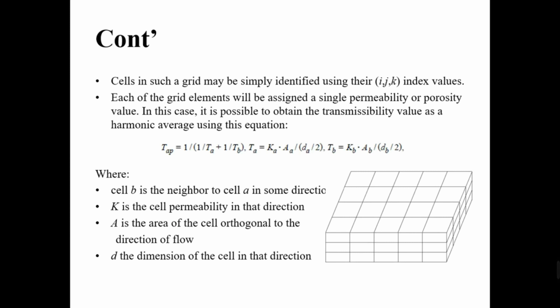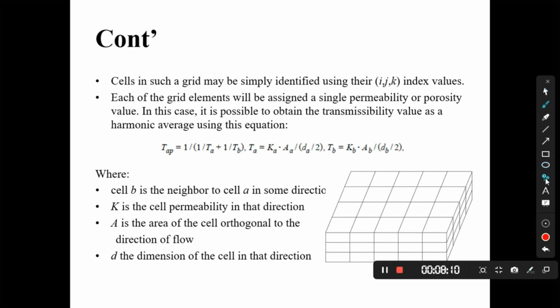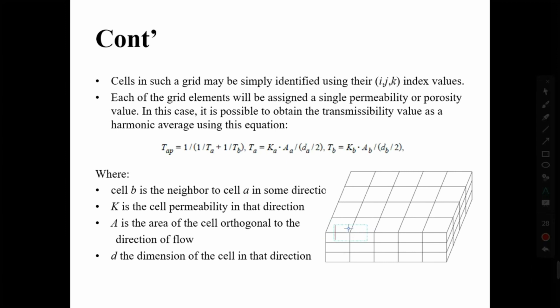Now each grid block has an address. For example, the address here we define by ijk. So for example, the first one here is 1, 1, 1. This one, for example, is 1, 2. This one is 1, 3.